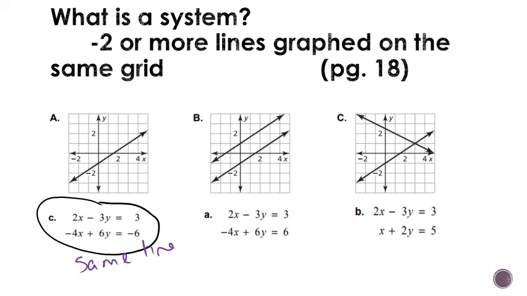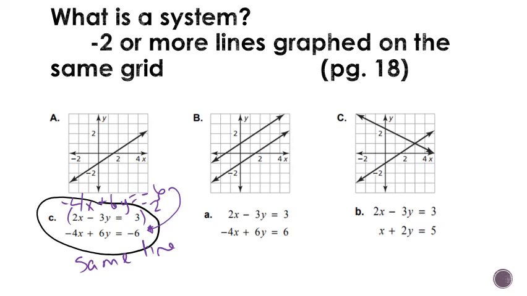They don't really look like it right now, but if I were to multiply the top one by negative 2, watch what would happen. I would have negative 4x, I would have positive 6y, and I would have negative 6, which is exactly what this equation is.